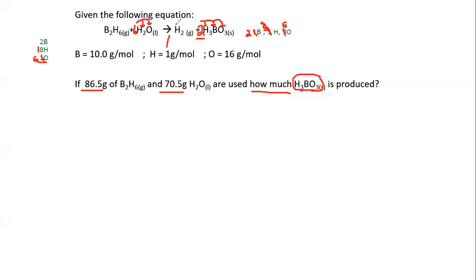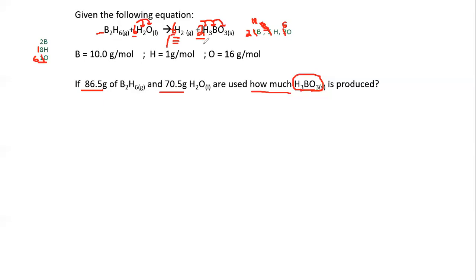So we want to put a coefficient in front of H2 in order to balance the hydrogen. So there's 6 hydrogen from H3BO3. To make it 18, we're going to put a 6 in front of H2. So now we have 18 hydrogen. So the coefficients are 1, 6, 6, and 2.